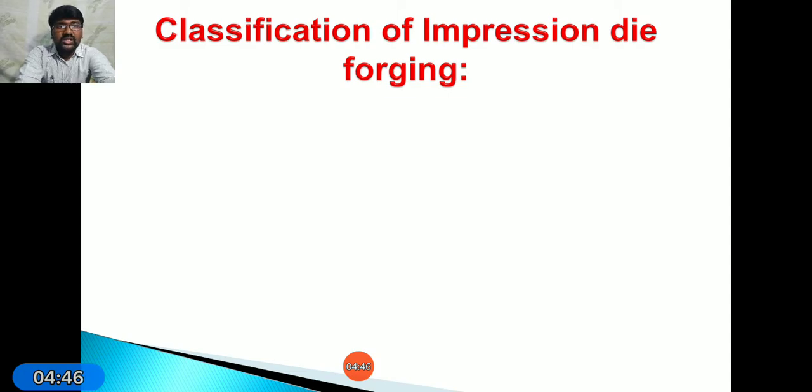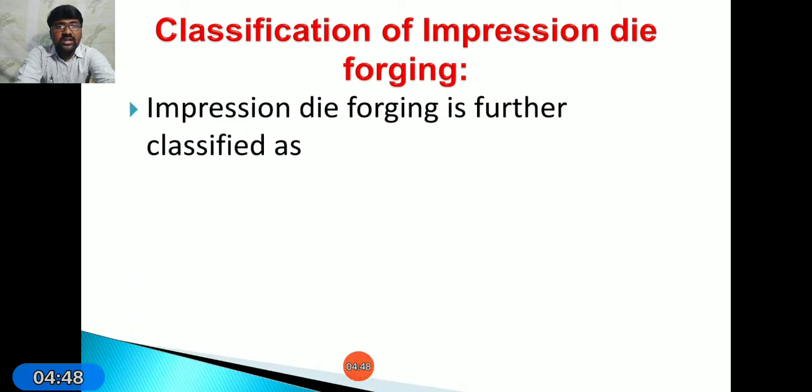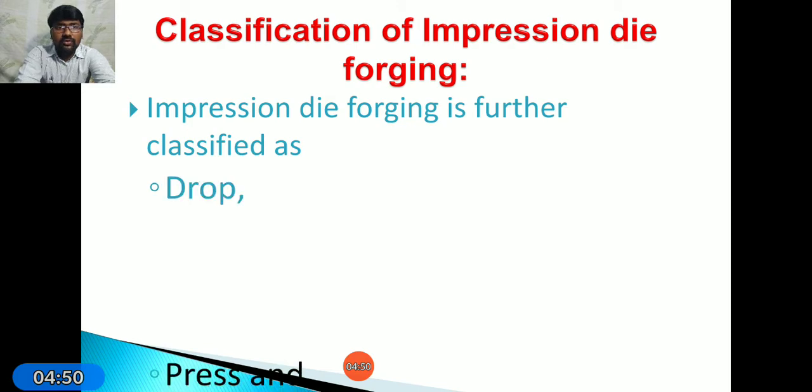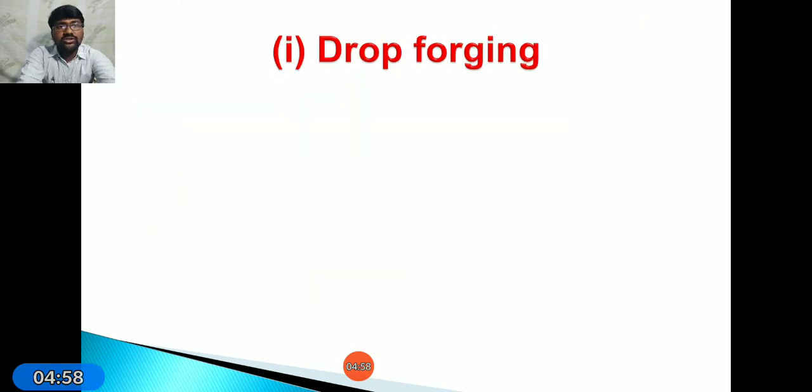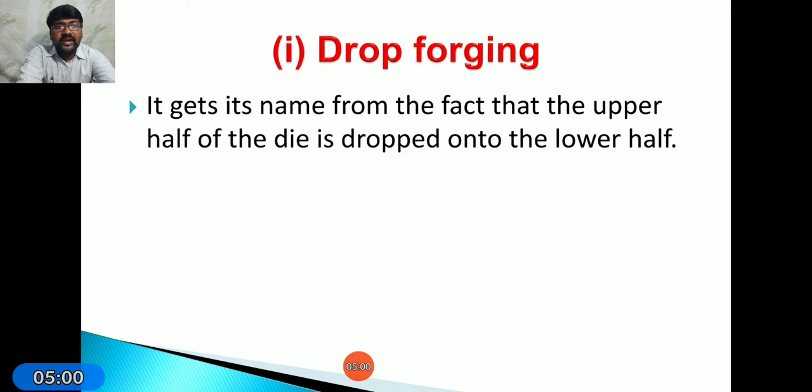Next, coming to the classification of the impression die forging process: draw forging, press forging, and machine forging. These are the three types of impression die forging process. Coming to the draw forging process, it gets its name from the fact that the upper half of the die is dropped onto the lower half. We place the material on the lower half of the die.